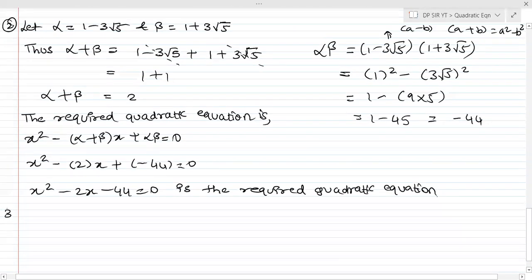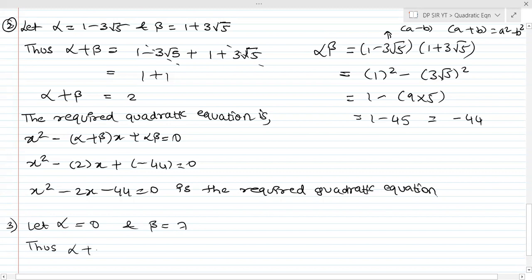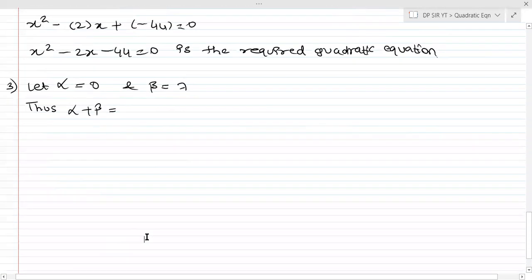So 3, 0 and 7. Shall I leave some space? So let alpha is equal to 0 and beta is equal to 7. So alpha plus beta, thus alpha plus beta is equal to 0 plus 7, which is equal to 7.